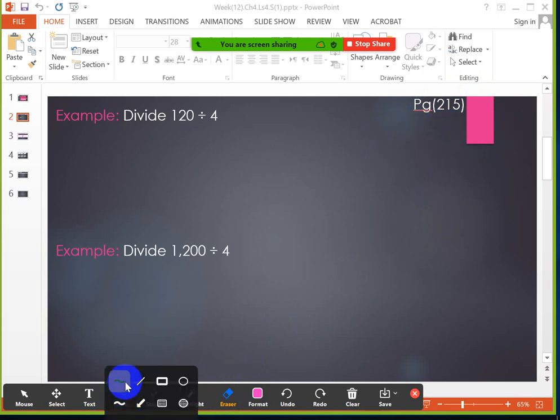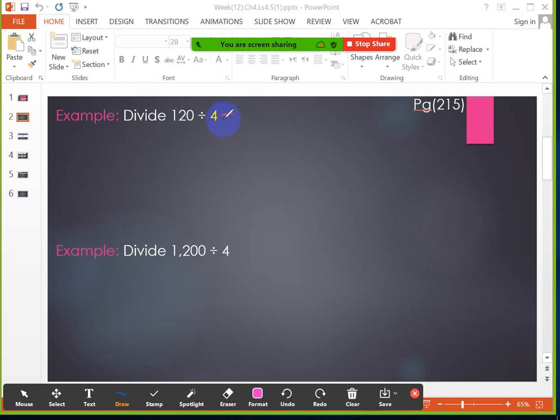That means if I want to divide a tens number or hundred number by a whole number, which is 4, like this example, 120 divided by 4. What is the answer? How will I divide?